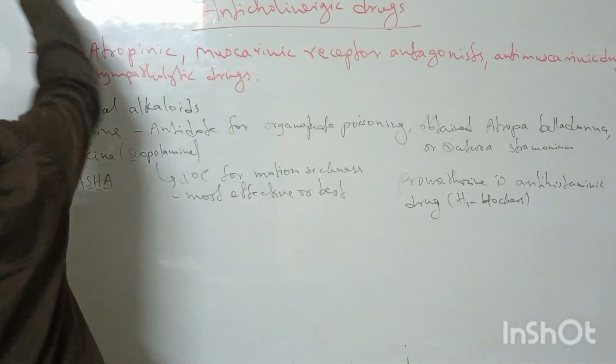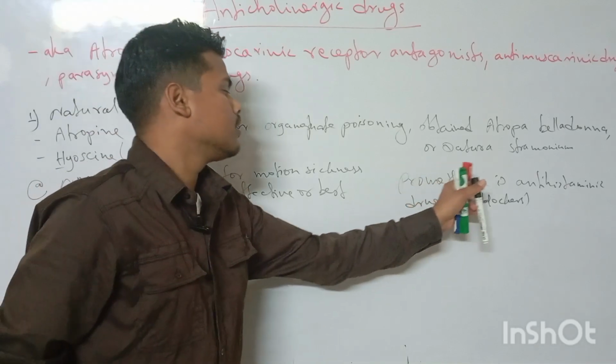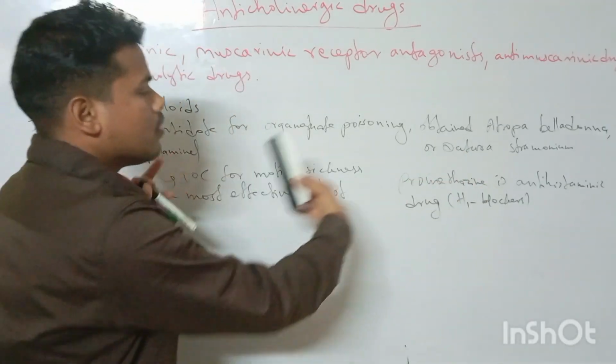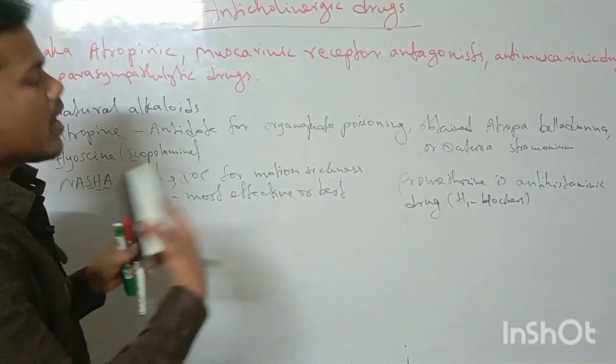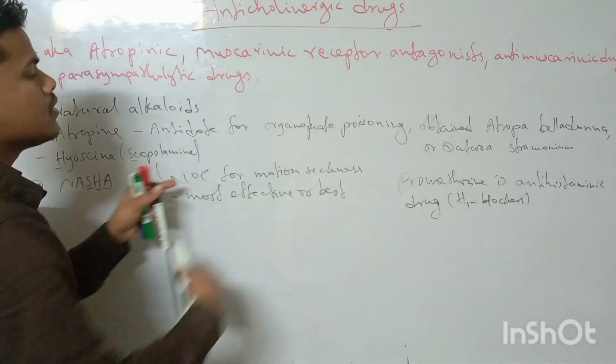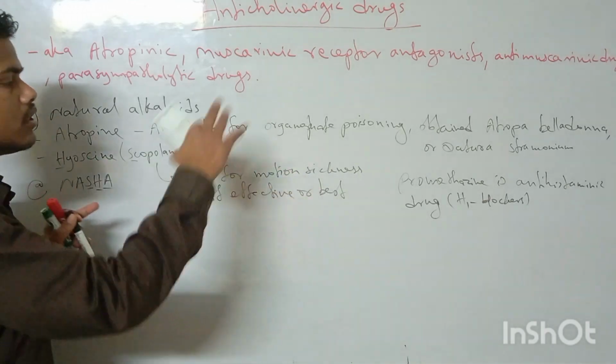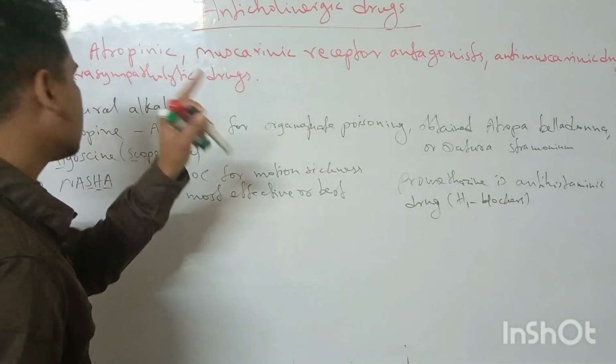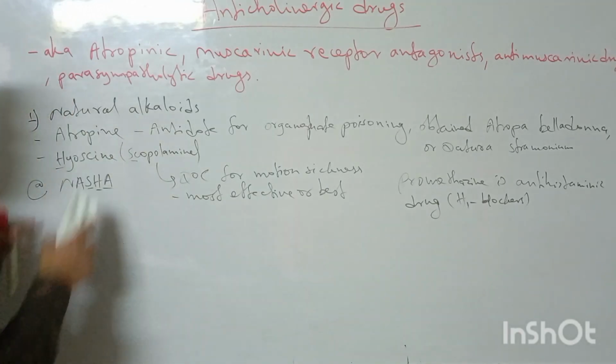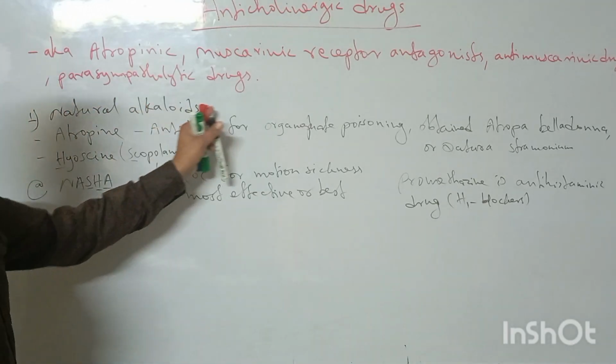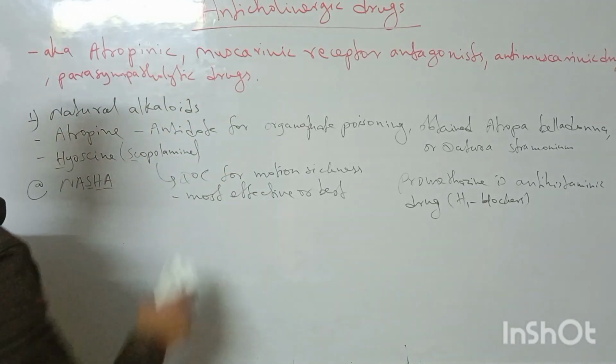If you are asked for an alternative, you can add promethazine. And if you are asked why, mention these reasons. So these are all about the natural alkaloids.